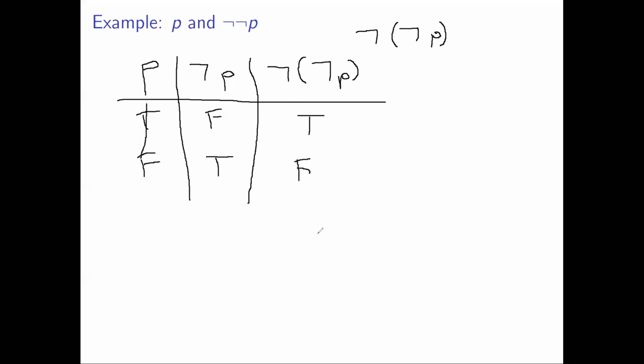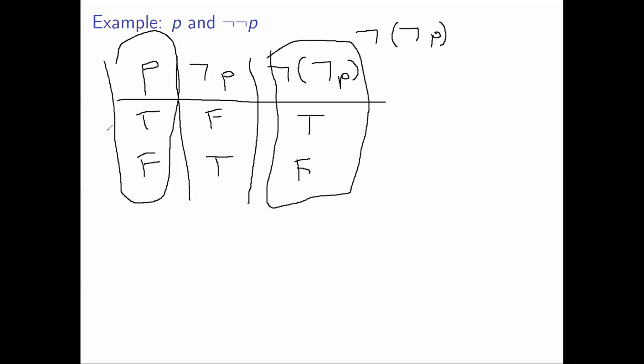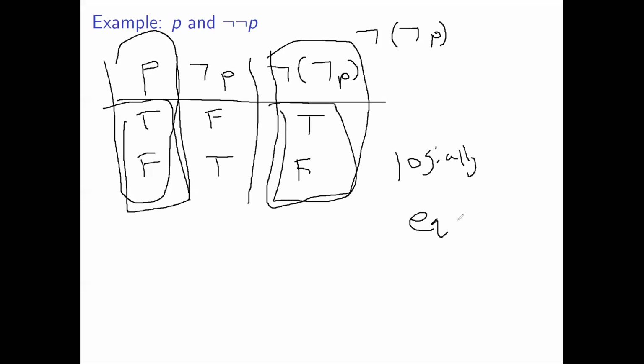So we can look at the column for P. There's that column. And the column for not not P, that column. And we can see they're identical down here. Same letters in the same order. So these are logically equivalent.